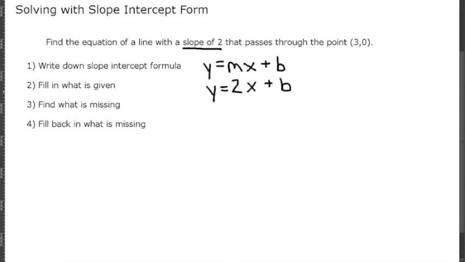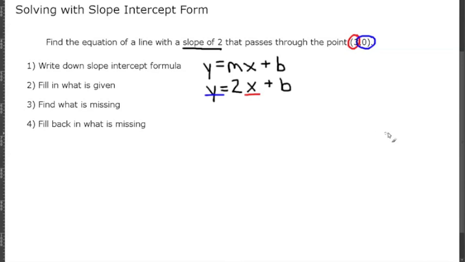But if you look, they give us an x value and they give us a y value. So if we plug in those values for x and for y, we're going to be able to solve for b, because b is going to be the only variable left.